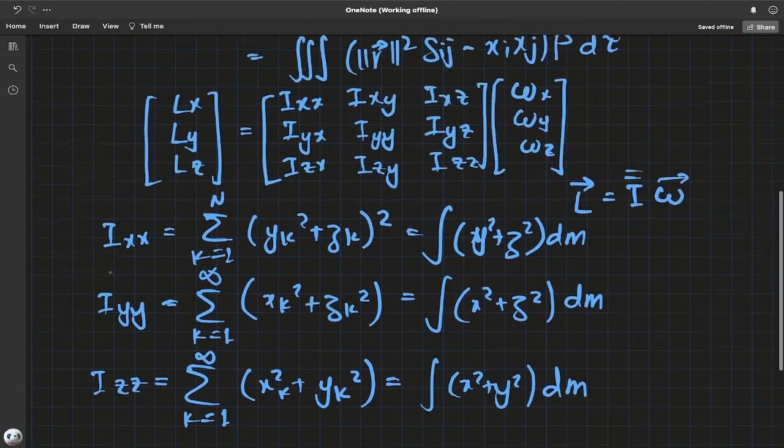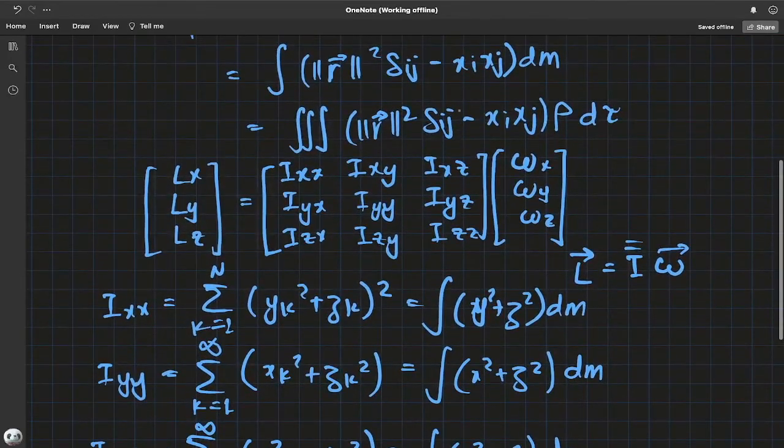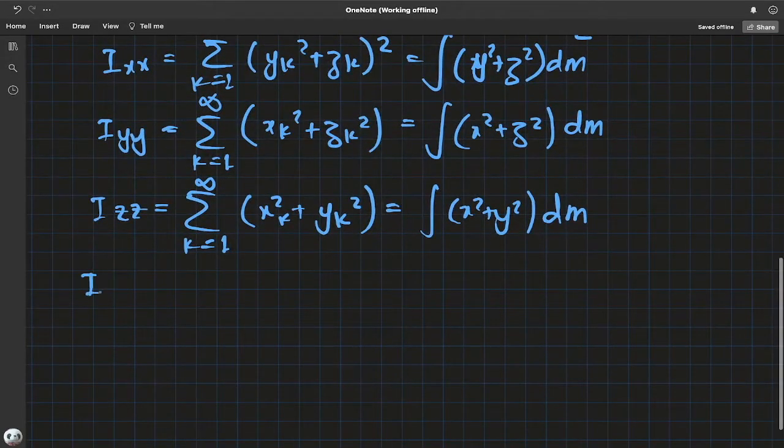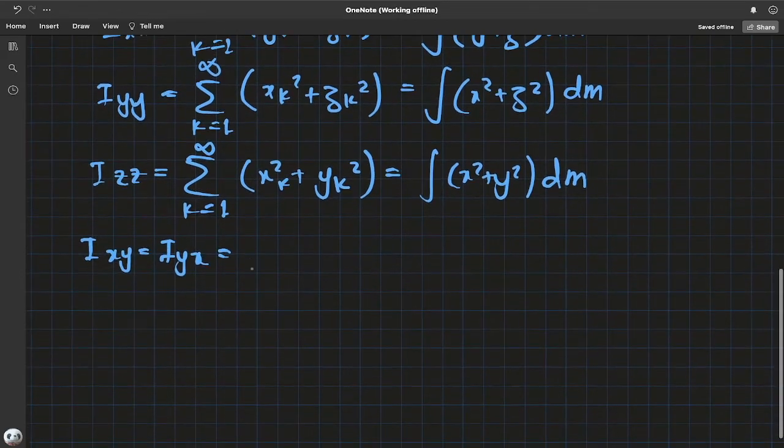And if you notice this formula or even the integral definition, you might notice that the moment of inertia tensor is actually symmetric with respect to its two subscripts. This is just the sum from k equals 1 to n.